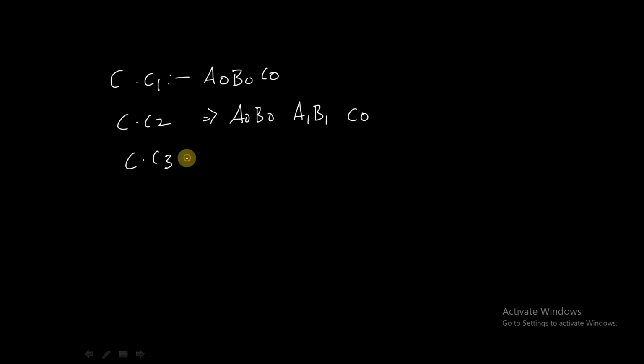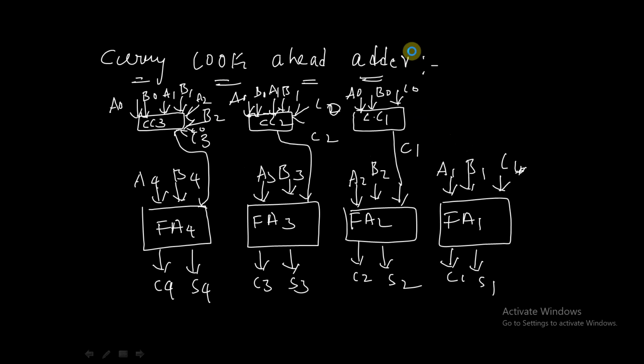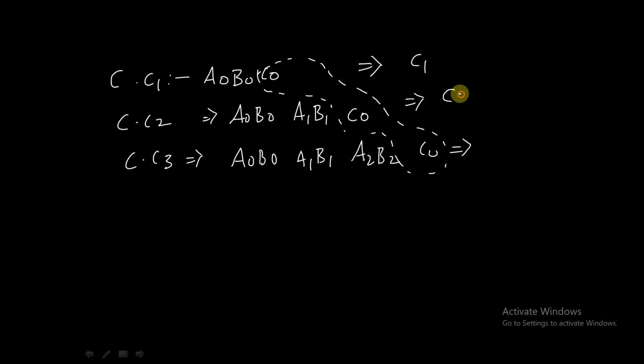And for my combinational circuit 3, my inputs are A naught, B naught, A1, B1, A2, B2, and C naught. If you observe carefully, I am taking just the input carry, the initial carry C naught, for all my combinational circuits, and the output of combinational circuit CC1 is C1, CC2 is C2, and CC3 is C3.